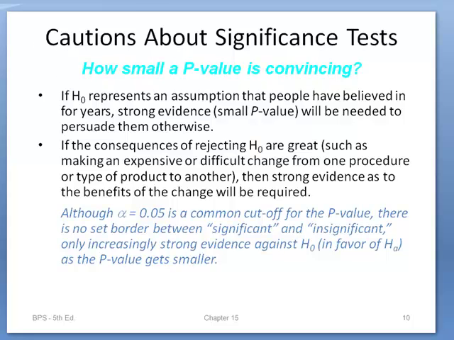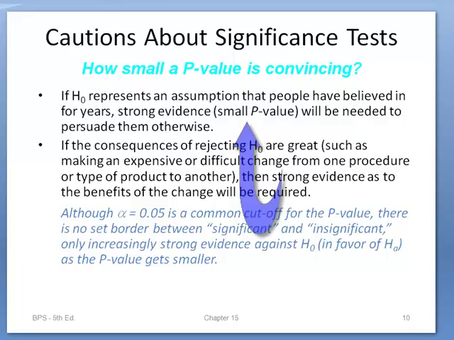If the consequences of rejecting that null hypothesis are great, such as making an expensive or difficult change from one procedure or type of product to another, then strong evidence as to the benefits of the change will be required. Again, another small p-value.